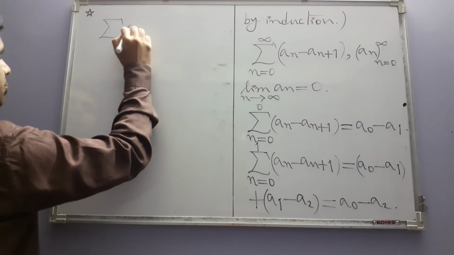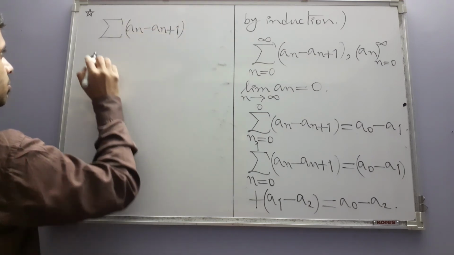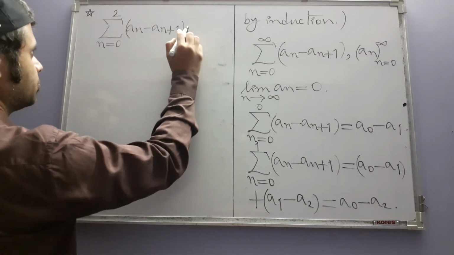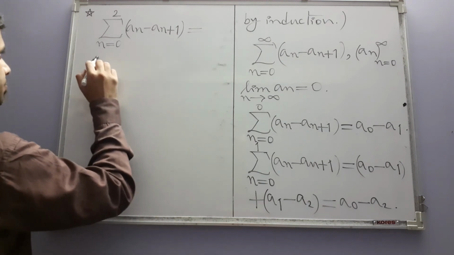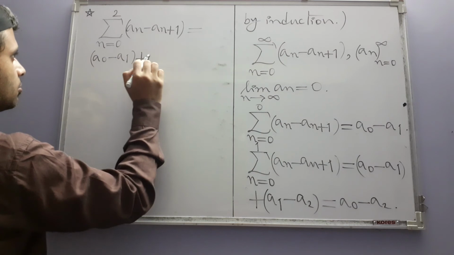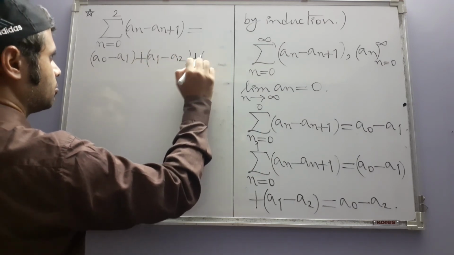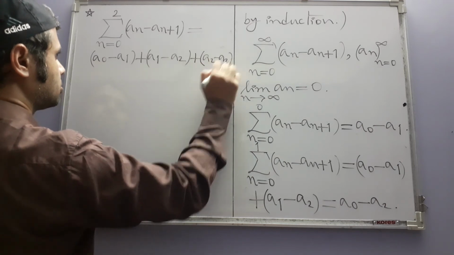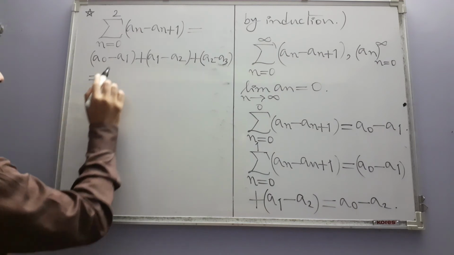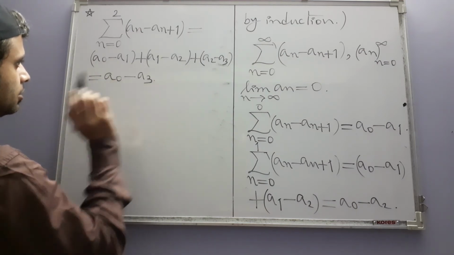By now you already have seen what this one will be. So this is going to be a0 minus a1 plus a1 minus a2 plus a2 minus a3. So these intermediate terms cancel out and we are left with a0 minus a3.